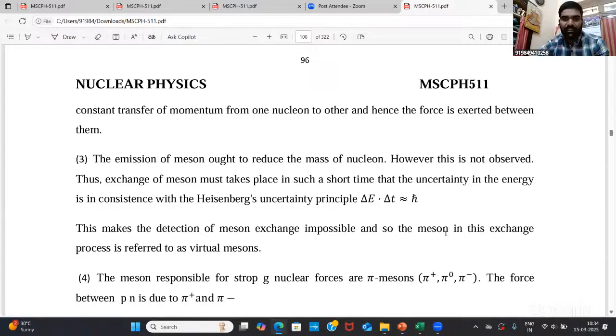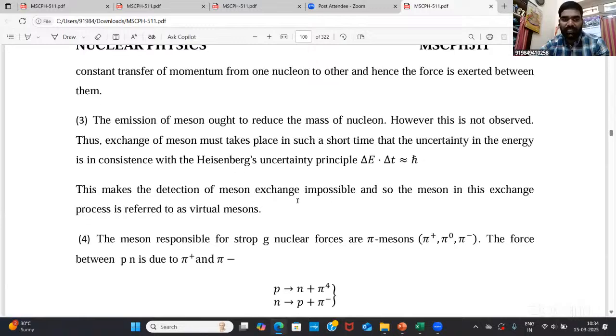The emission of mesons would reduce the mass of the nucleon, but this is not observed, because the exchange takes place in a very short time. So the detection of meson exchange is impossible, and we consider them virtual mesons.